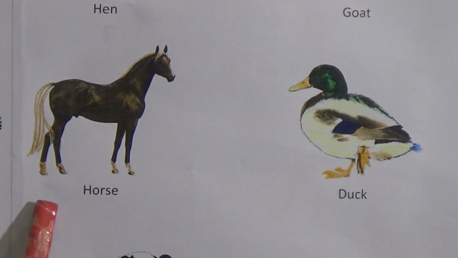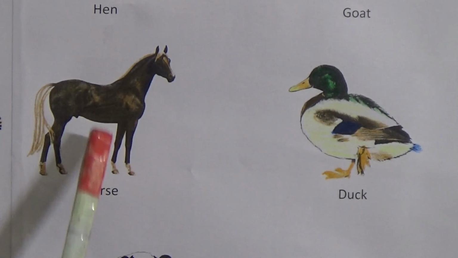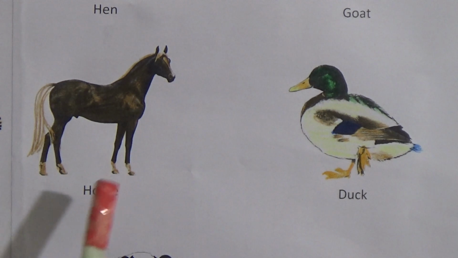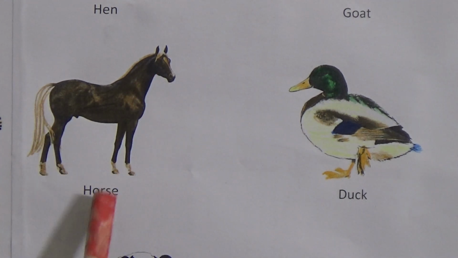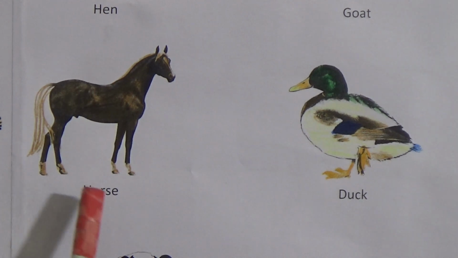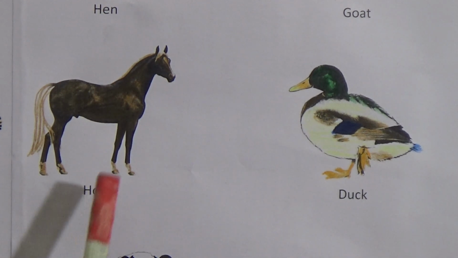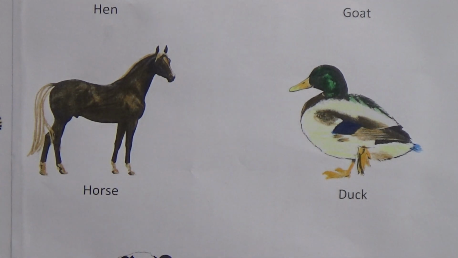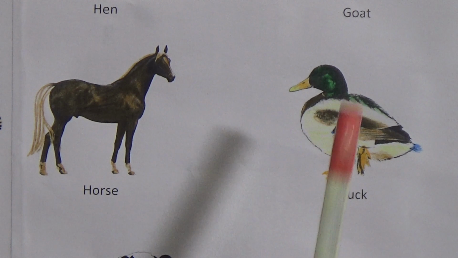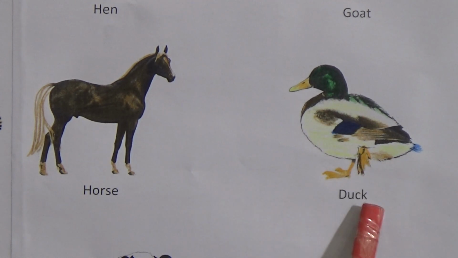And here is the next picture. The name of this animal is horse. Horse spelling is H-O-R-S-E, horse. And then next one is duck. The spelling of duck is D-U-C-K, duck.